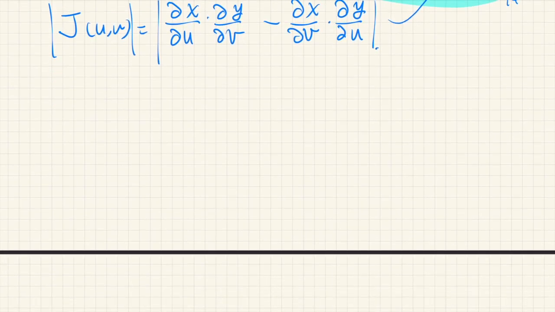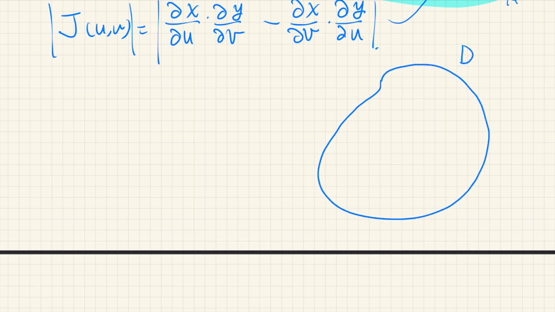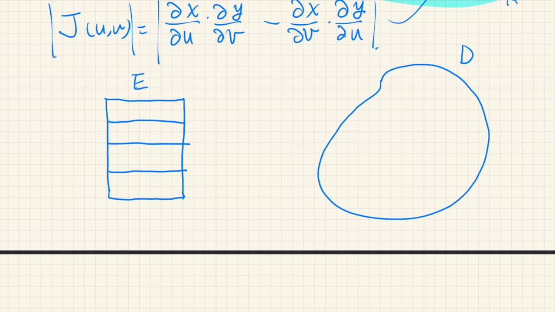What we are doing is integrating a function on some region D. This is xy space, and we define a map phi that maps a rectangular region E, or some simpler region, to some arbitrary region D. First of all, we partition this rectangular region E into small pieces.